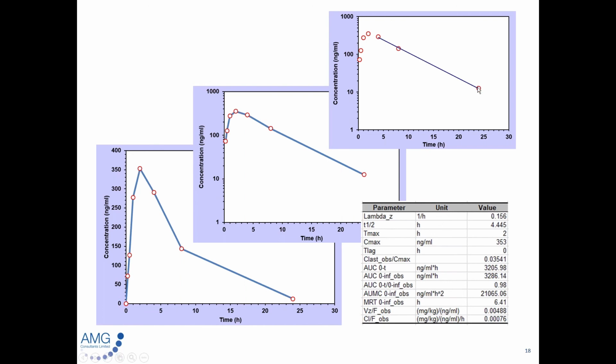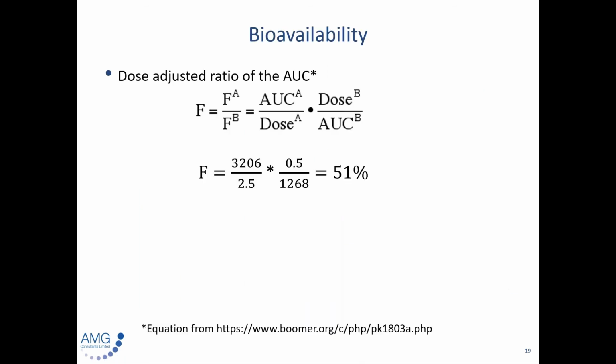You can see this time that in the calculation of the terminal slope, the last 3 points are almost collinear. And then these are the parameters generated here. The AUC is the one we're going to be interested in for bioavailability.